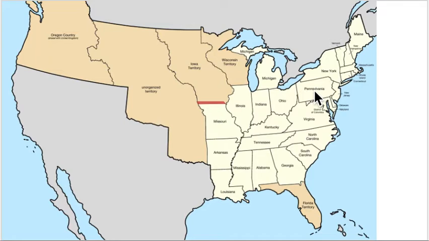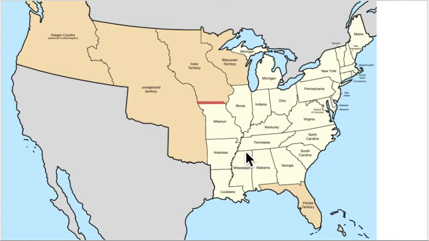But what about the Trans-Appalachian population prior to 1844? In other words, how many Americans lived west of the Appalachians? Well, in fact, nearly 7 million Americans prior to 1844, that's 40% of the nation's population, lived in the Trans-Appalachian.